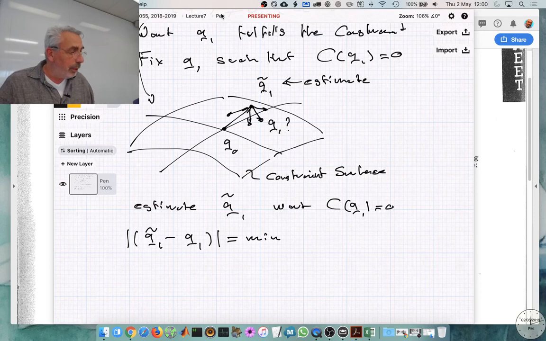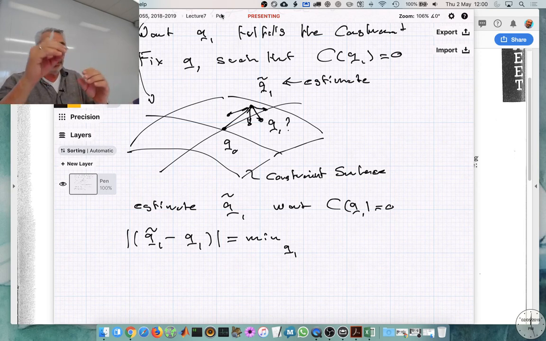And what is our free variable? Well, this one is given, right? So our free variable is our Q1 with respect to this Q tilde. So this must be a minimal solution. So we seek where is Q1 on the surface such that the distance between Q tilde and Q1 is minimal. Well, that's a well-posed problem.